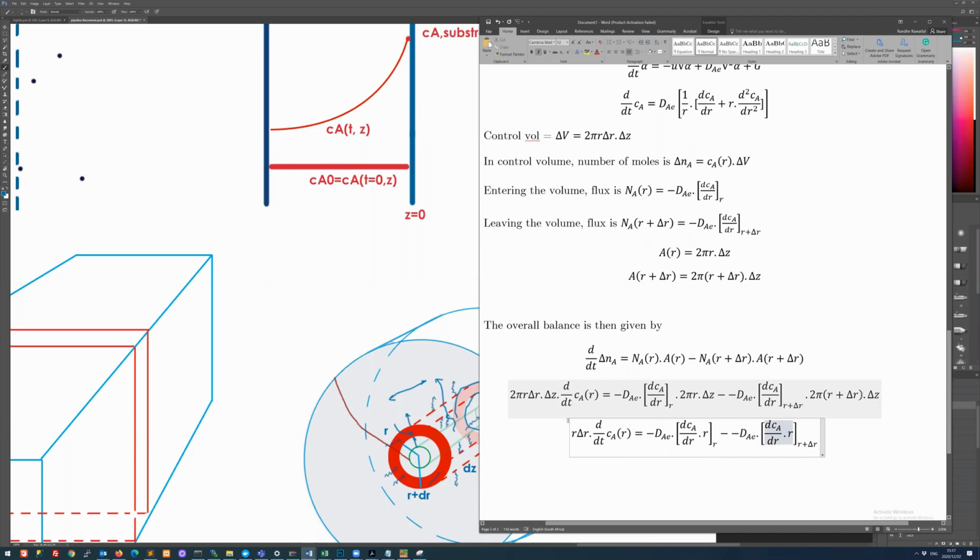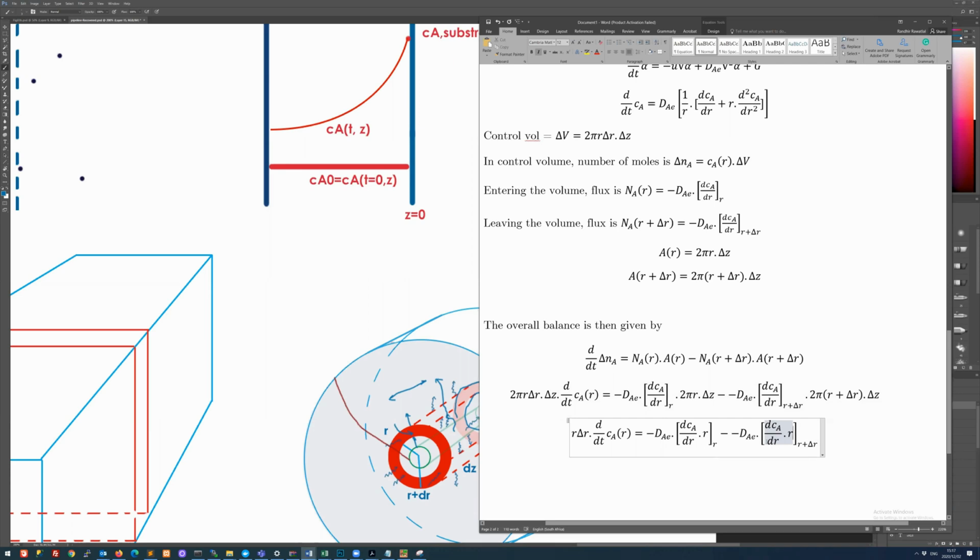So instead of retaining R plus delta R out here, we can just bring that inside of this function evaluated at R plus delta R and call it the function in its own variable, right? That's a common trick used to help us derive these equations. The reason is that now we've got the same function in both these square brackets.